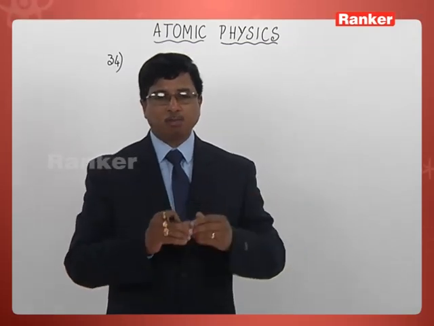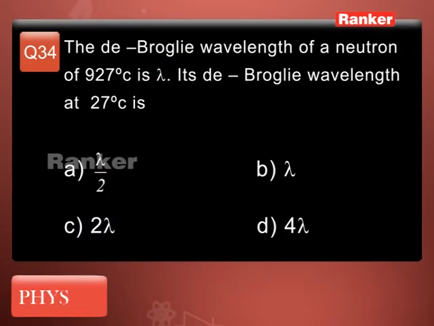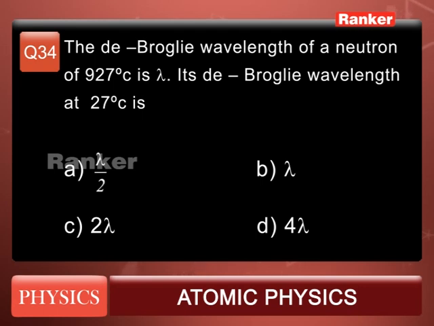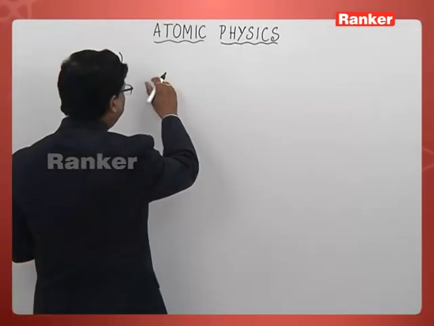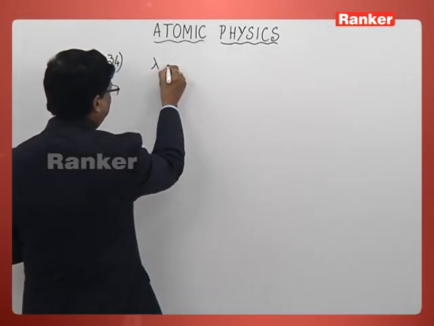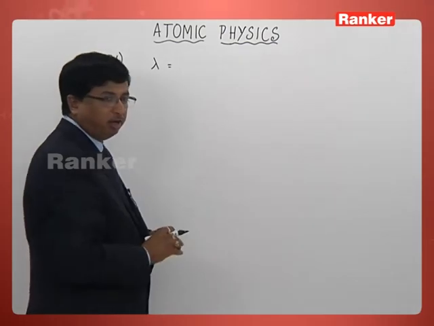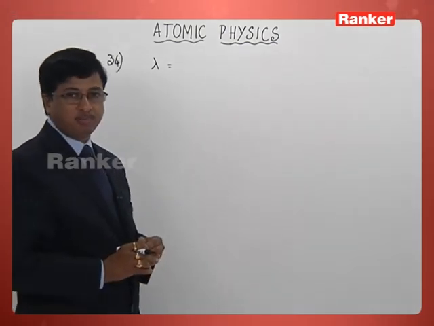So what are the 4 options given? First option is lambda by 2. Second option is lambda. Third option is 2 lambda. And fourth option is 4 lambda. Now you all know the value of the de Broglie wavelength for a neutron-like particle.